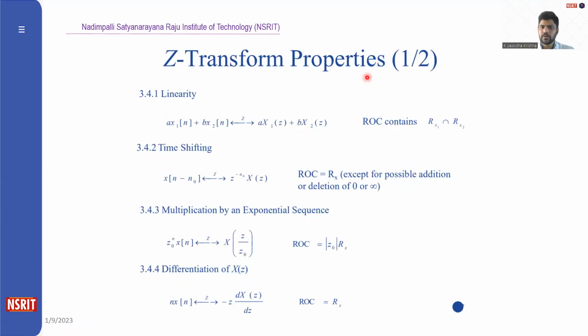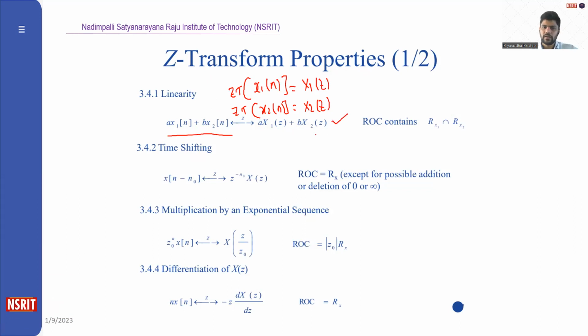On z-transform properties, we already know linearity: if z transform of x1 of n is X1 of z, and similarly z transform of x2 of n is X2 of z, then a into x1 of n plus b into x2 of n is a into X1 of z plus b into X2 of z.